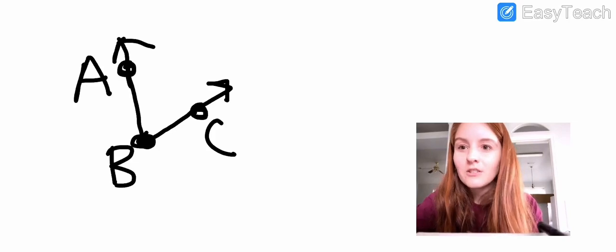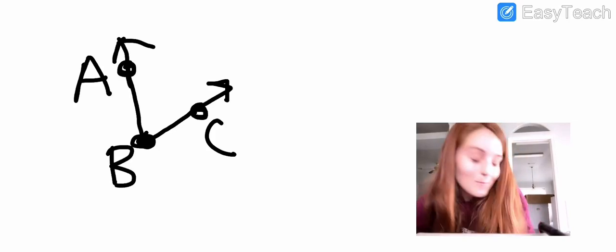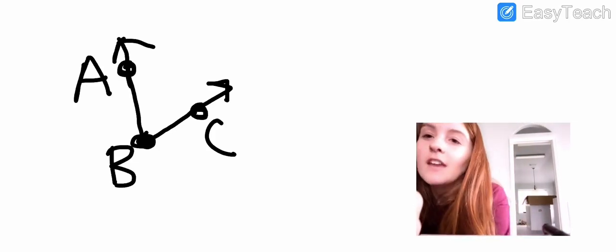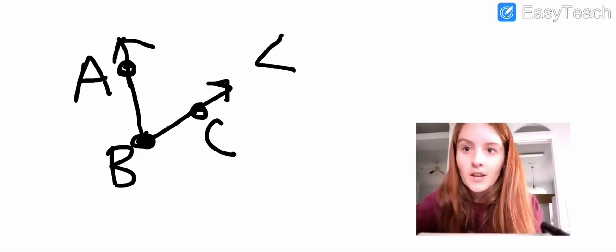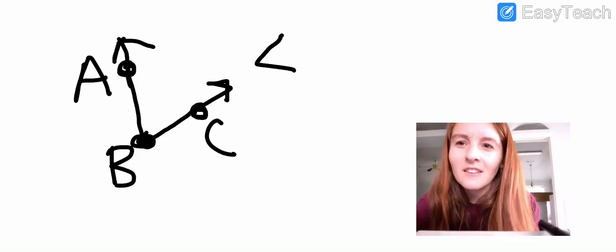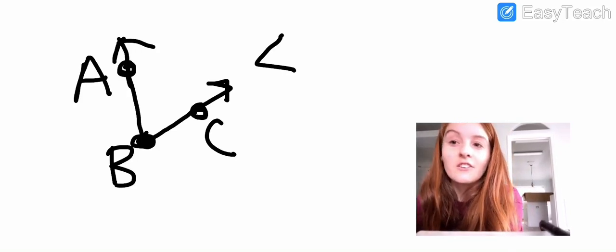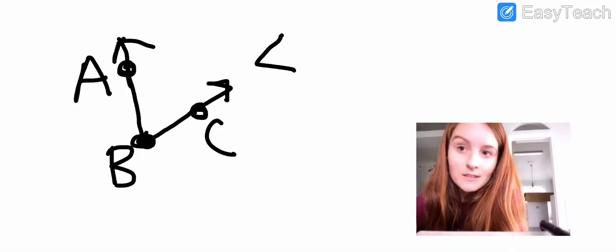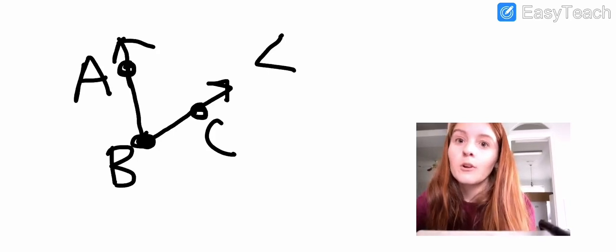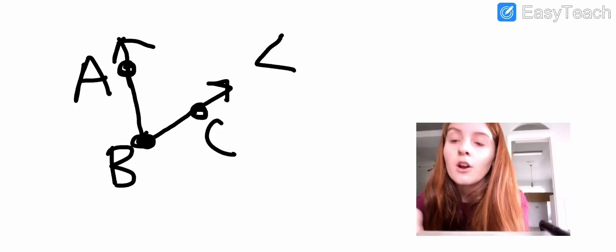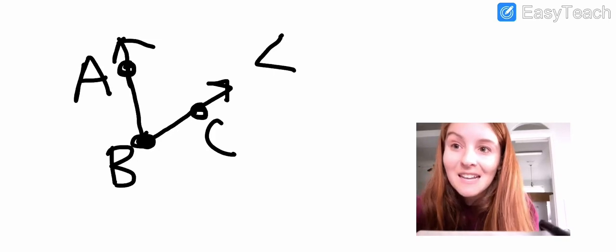And so then what you're going to do is to name this angle. The angle sign is just you drawing an angle, just like that. It kind of looks like a little beak. So you're going to put it like that, and then you're just going to write the letters that you see. So I see A, B, C, and I'm going to keep them in that order with the B in the middle, whatever letter is on the point that's in the middle.